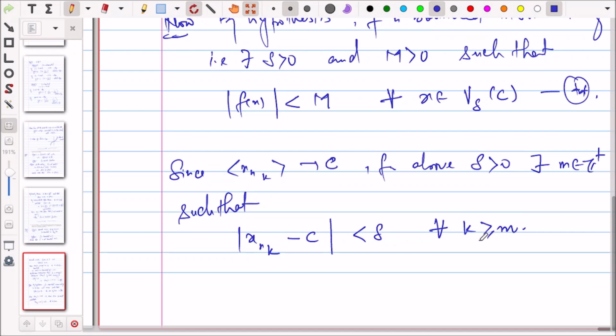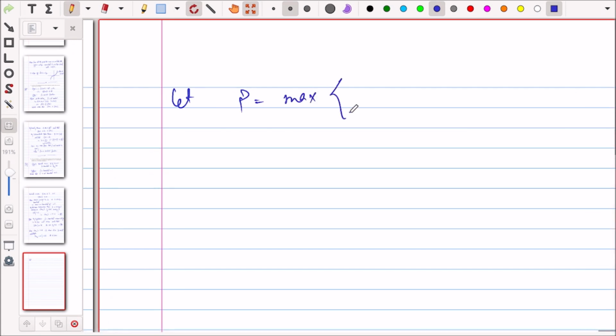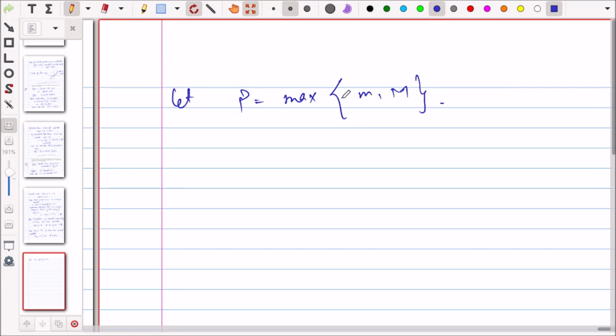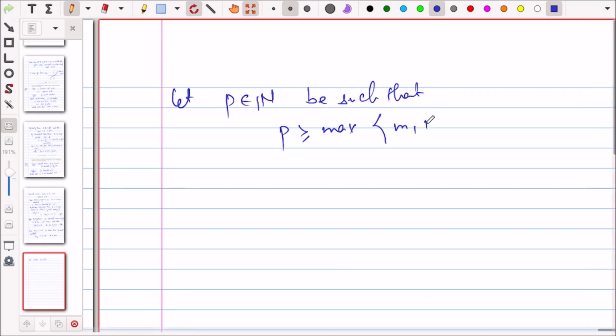Now we take the maximum of small m and capital M. So let p be a natural number such that p is greater than or equal to the maximum of M and m.